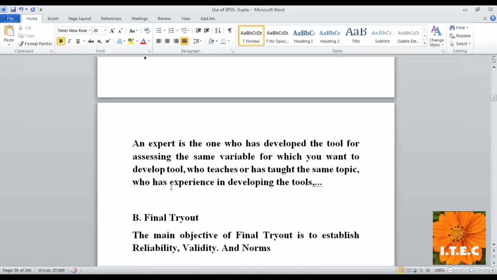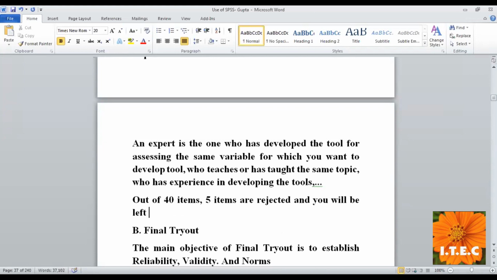Then you will be left with 35 items, which have been selected by the experts, or which have been okayed by the experts.